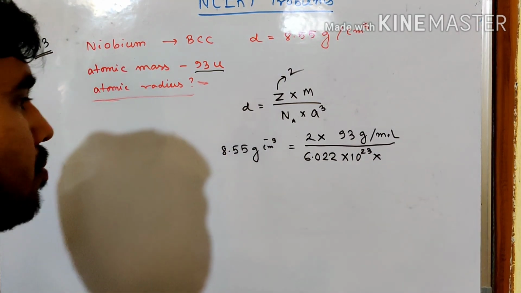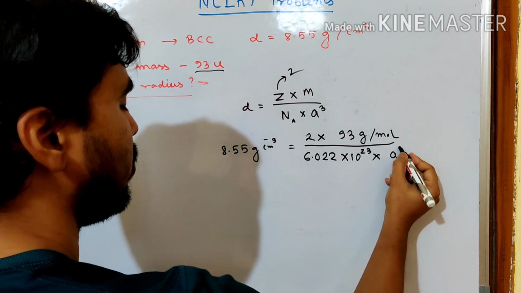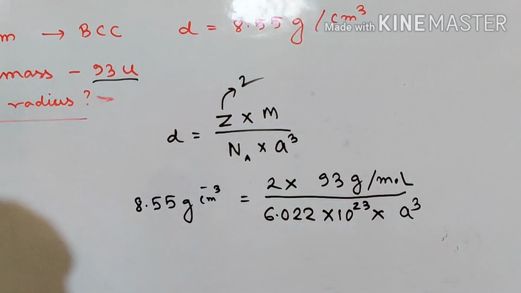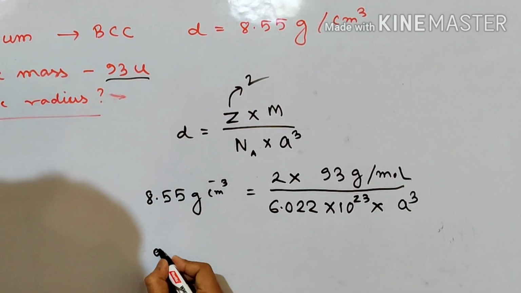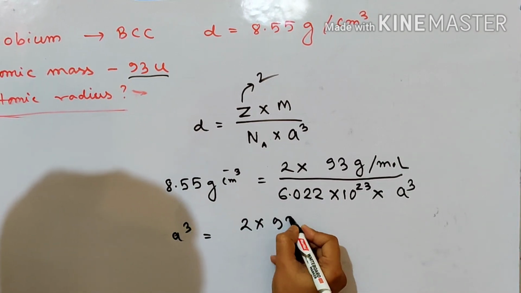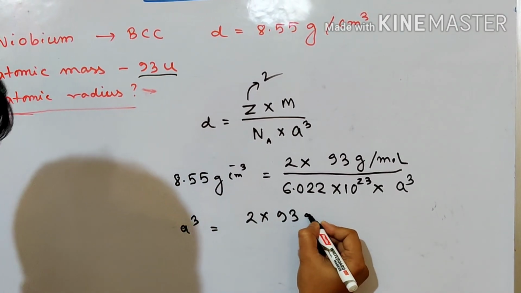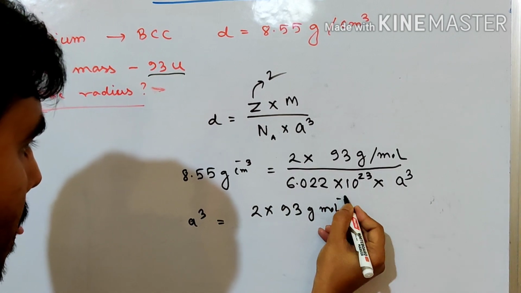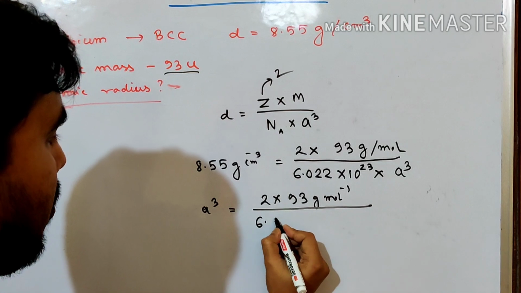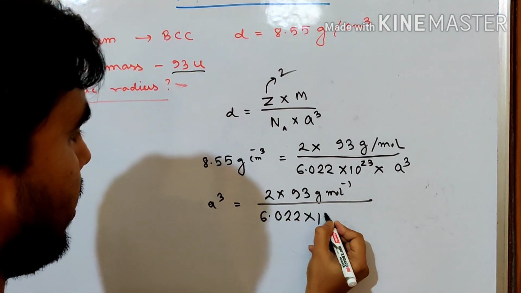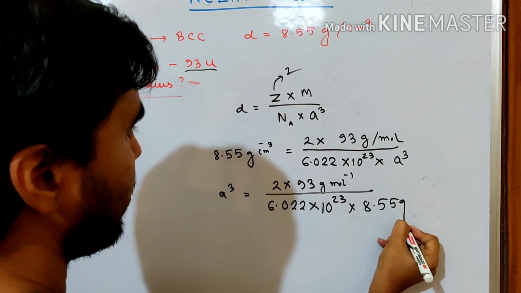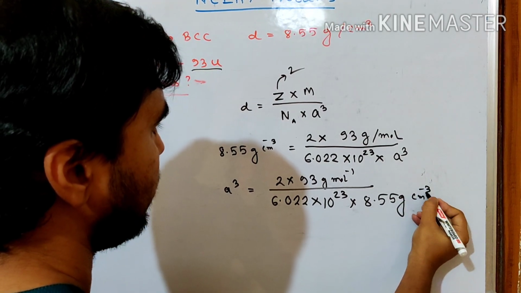Now A cube we don't know, so we are keeping it like this only. So to calculate this, we should be writing A cube is equal to 2 into 93 gram per mole divided by, this one will come down, 6.022 into 10 to the power 23 into 8.55 gram per centimeter cube.